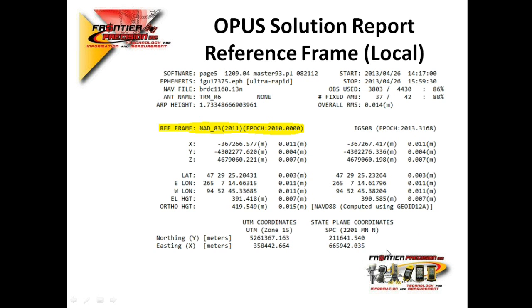If you're not using Geoid 12A, then you're going to enter in the ellipsoid height and choose the appropriate geoid model relative to what you enter in here to give you the computed ortho height. But if you're going to key in this position, it is NAD83 2011 datum when using Opus.